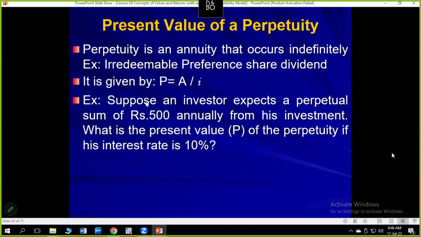So you can take down this example. Suppose an investor expected a perpetual sum of 500 rupees annually from his investments. So what is the present value of the perpetuity if his interest rate is 10%?